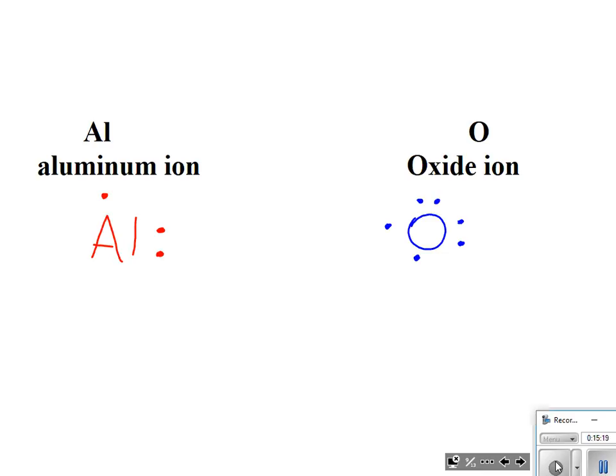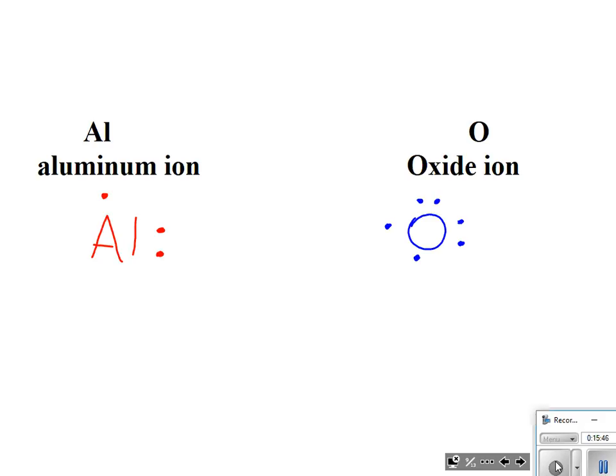So, how many openings does oxygen have that it wants to fill? 2. How many does aluminum want to give up? 3. Why does aluminum want to give up instead of receive? Okay, easier to give away 3 than to receive 5.